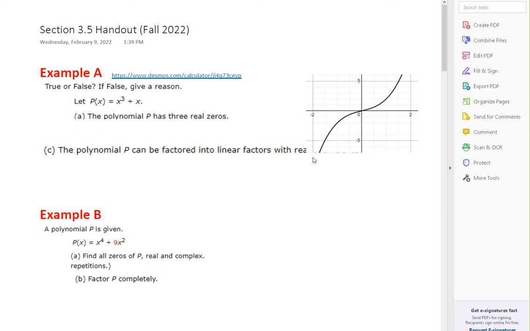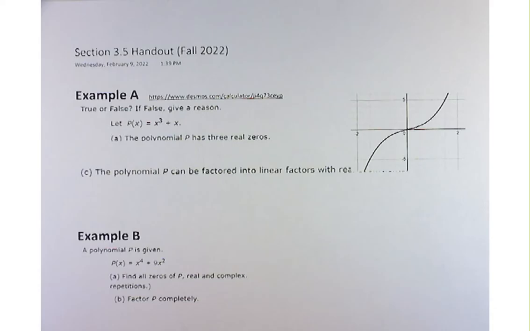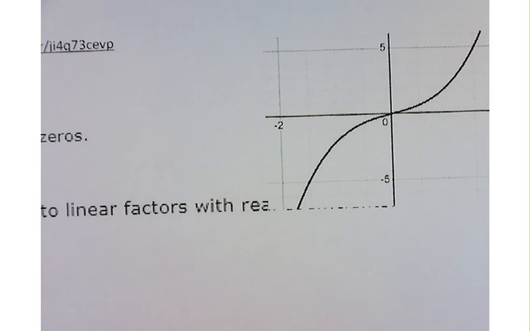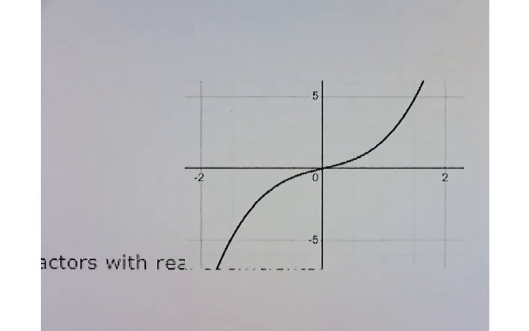How many places do you see this graph crossing the x-axis? And I'll assure you that it doesn't double back on itself and cross it someplace else. It keeps on going up to the right and down to the left. How many places does it cross the x-axis? 1. Now the important thing is: straight through, bounce, or wiggle? Which one is it? Wiggle. It does kind of look like a wiggle.